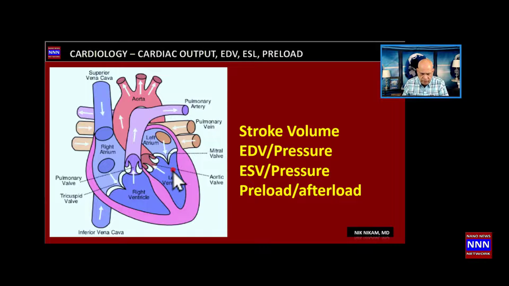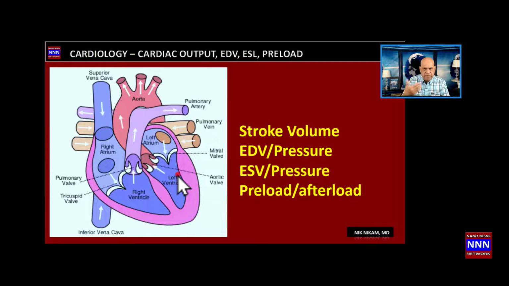In patients with elevated pressure, due to stiffening of the heart muscle, like in patients with hypertrophic cardiomyopathy or infiltrative cardiomyopathies, the heart muscle does not expand as the blood is coming into the ventricle. As a result, the pressure goes up.